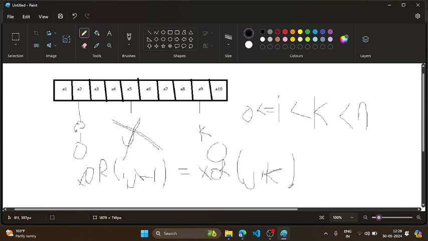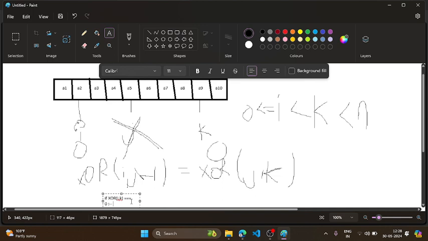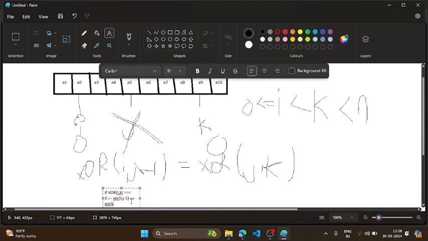So the XOR of i to j minus 1 should be equal to the XOR of j to k. Now what if I say the XOR of i to k should be equal to 0? Okay, if the XOR of i to k is 0, then it simply means that the XOR of i to j minus 1 equals the XOR of j to k.